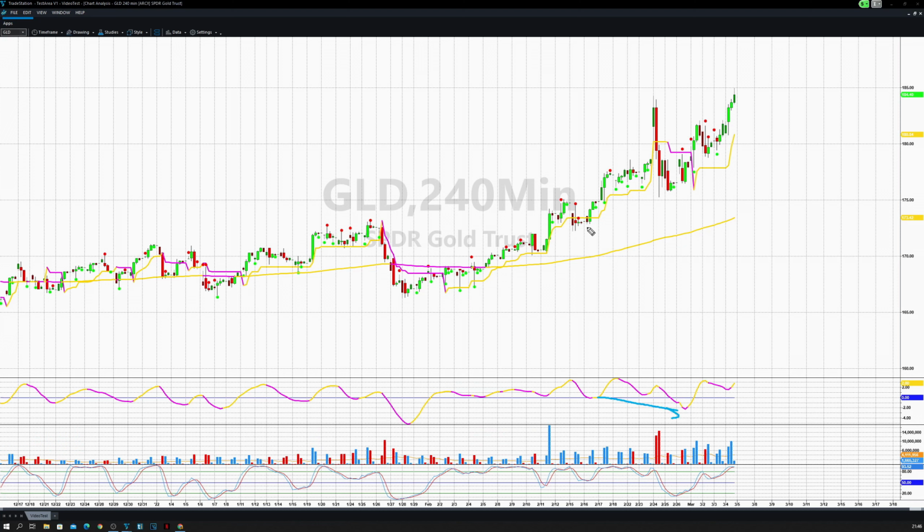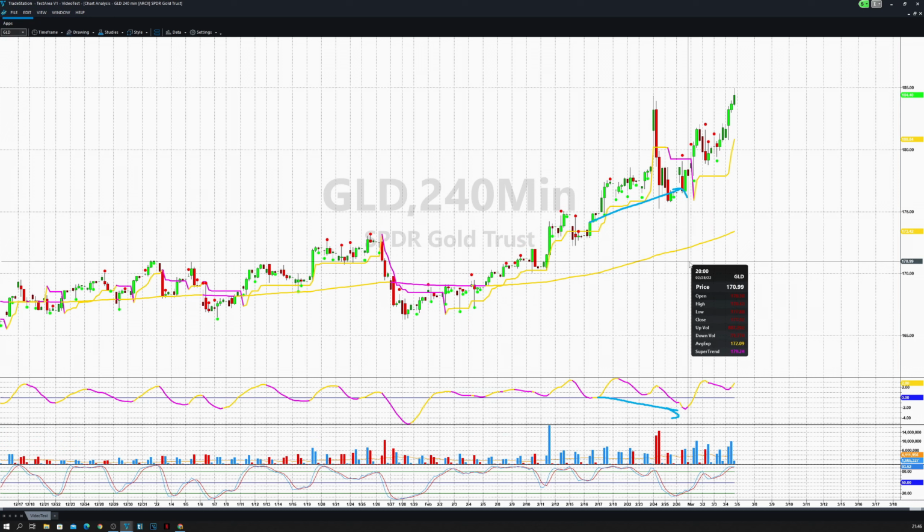This is a nice divergence, which means continuation to the upside. But those are big spreads, and I don't know if many manage to participate in those kinds of moves. But nice. This is a nice move here.